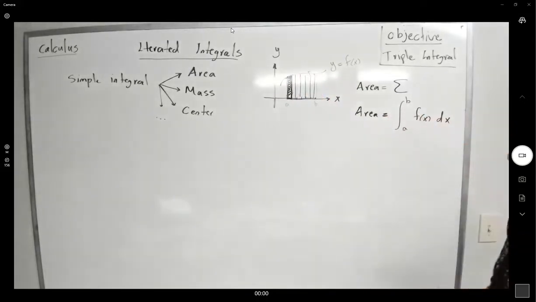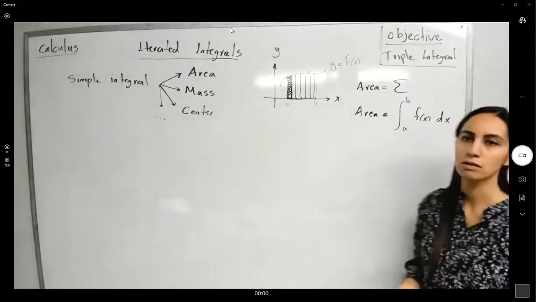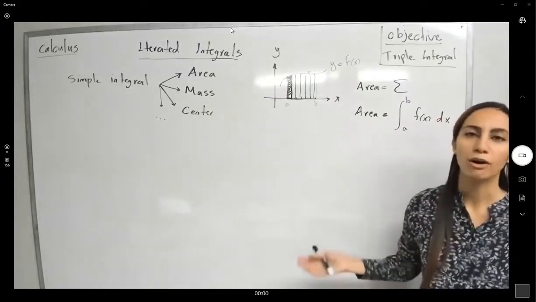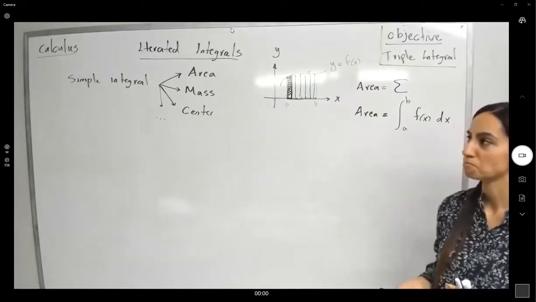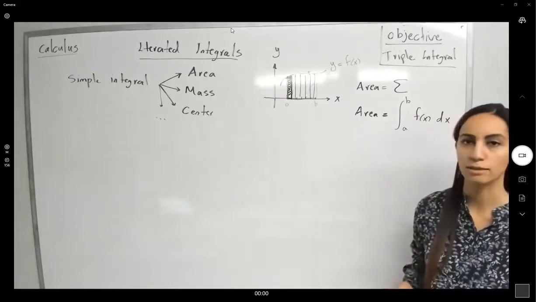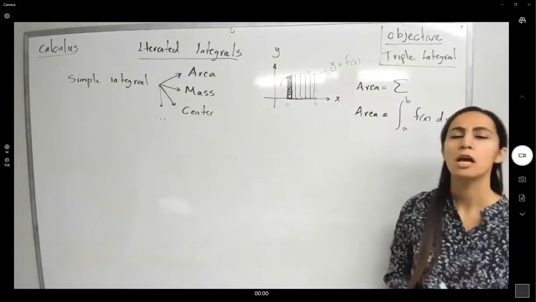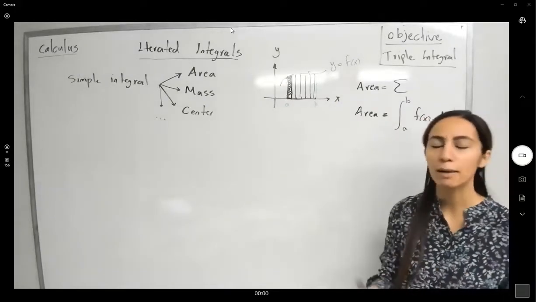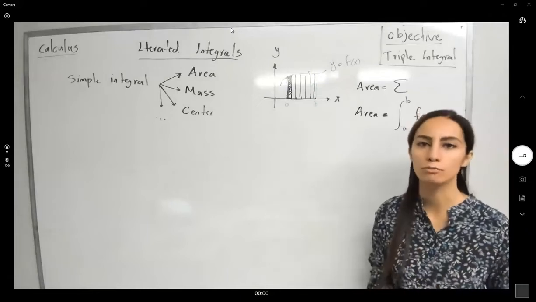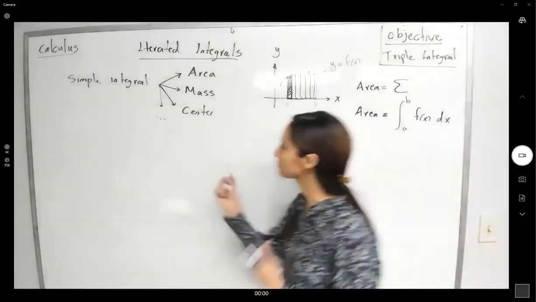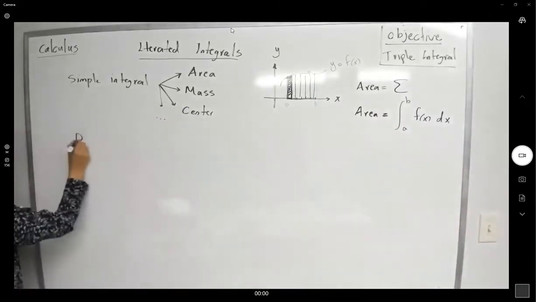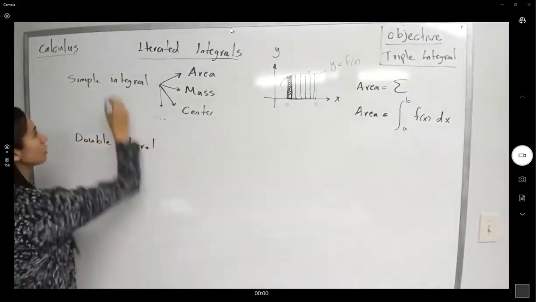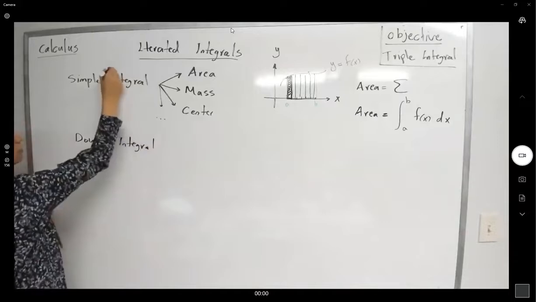Then we said that, okay, we know everything about taking the integral. Now, what if we are talking about space? Like if I'm interested in constructing a building, and then I'm interested, for example, in calculating the volume of that building. Double integral. Again, for simplicity, we are using the volume.